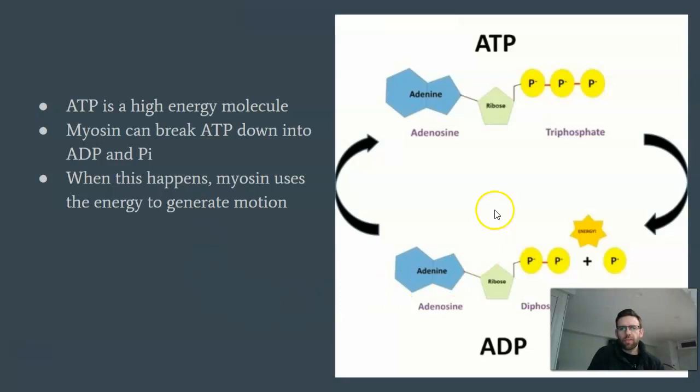This picture shows ATP, where the TP stands for triphosphate, and it can be broken down into ADP, diphosphate, and an extra phosphate here. When you break that bond, you release a lot of energy. Our myosin molecules and a lot of other things in our body use that energy to do different things, in this case, to make our muscles work.